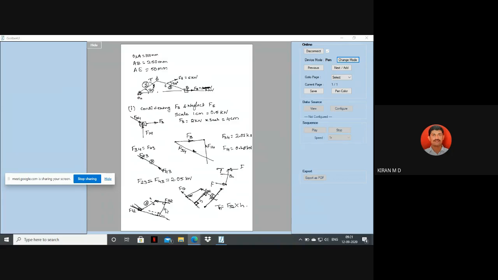Oh, H almost okay. I got 70, so no problem. Before it wasn't perpendicular on both sides. That's why it was wrong. So I got 70, sir. Okay, then good. 65, 70, 75, 80, no problem. Just 1 or 2 mm variation will be there because of graphical error.